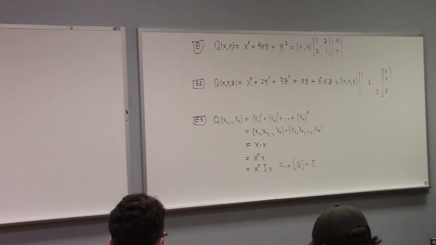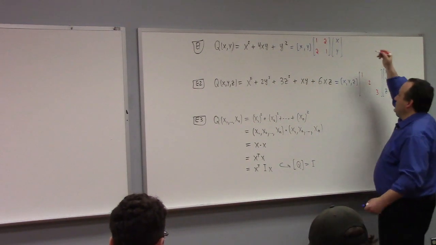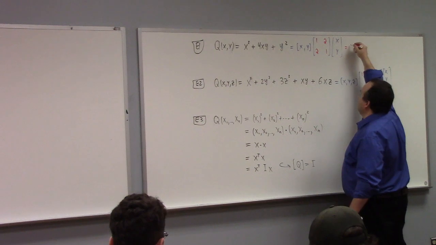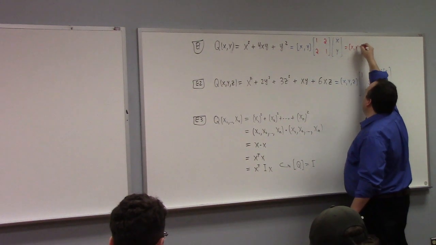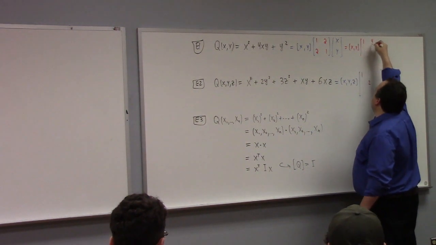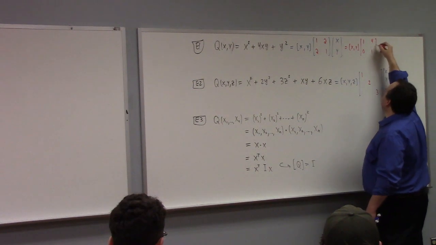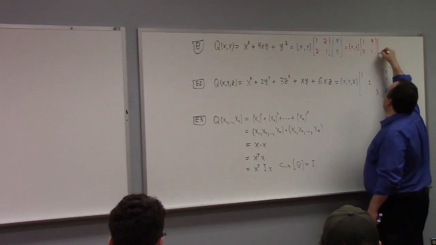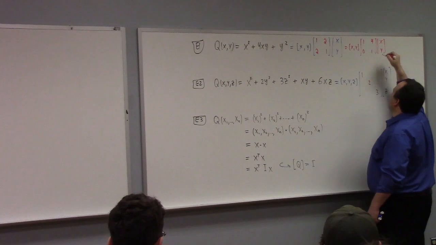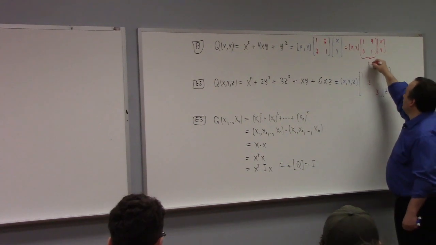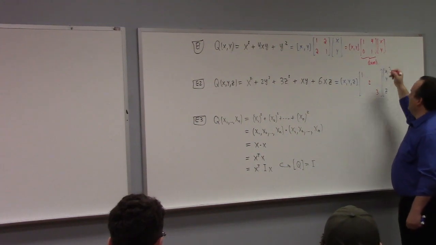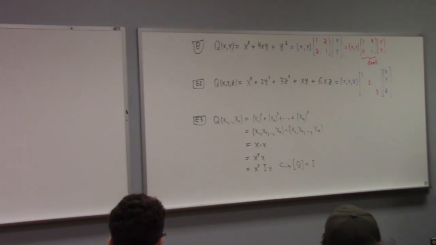My point is that you could also try this out, guys. This is also equal to xy times the matrix 1, 4, 0, 1. I'm pretty sure if you multiply that out, you'll also get the formula. But this is dumb. Why is it dumb?